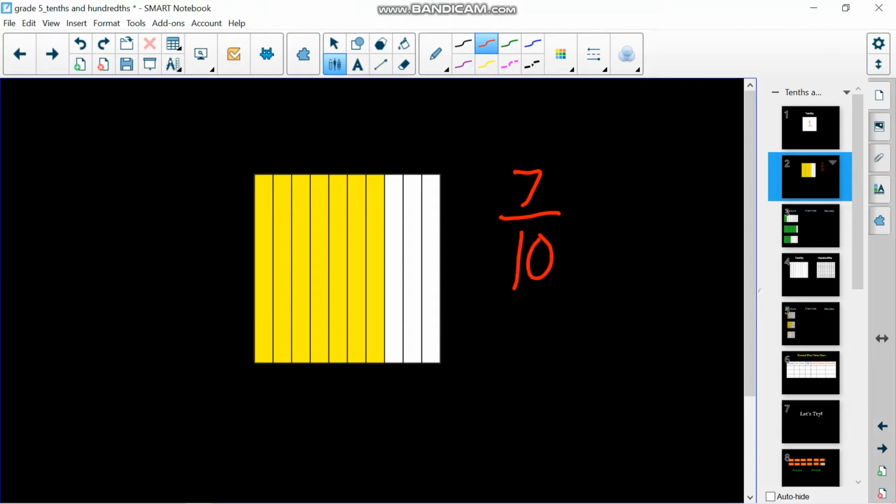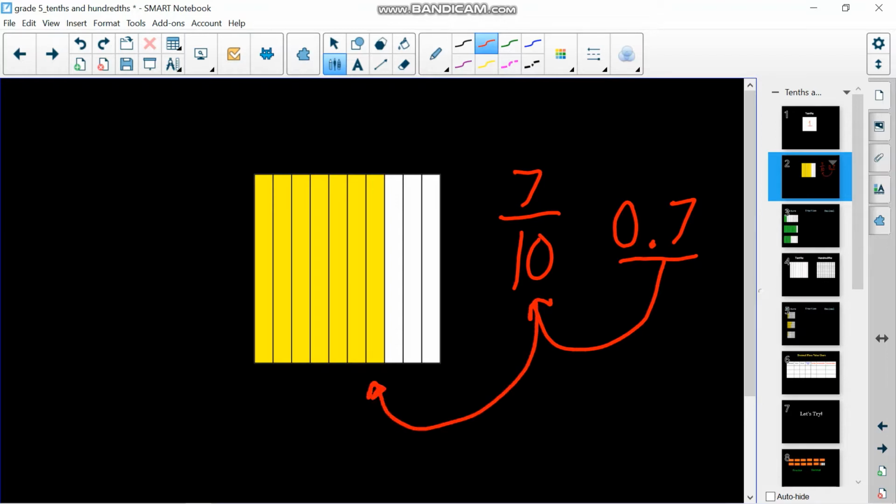And in decimal, I can write that as 0 because there is no whole shaded, decimal point, and then followed by 7. 7 represents the 7 parts shaded in this picture. So again, this 0.7 is the same as this fraction and also the same as this picture. So we have 7/10 in decimal, 7/10 in fraction, and 7/10 in picture.